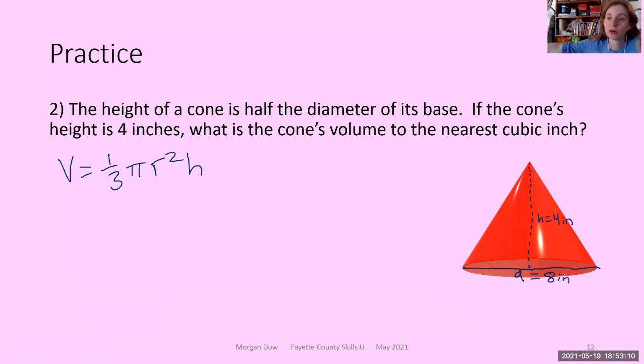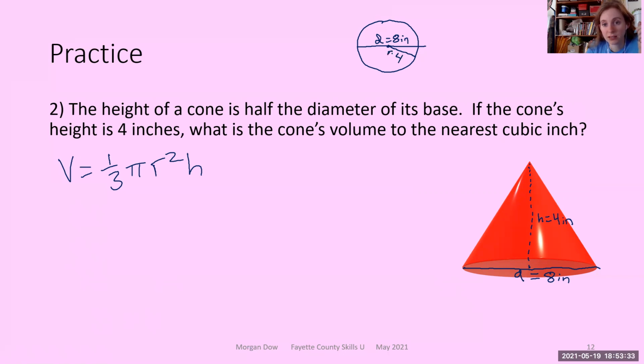So if the diameter of the base is 8 inches, what is the distance from the center to the edge? So basically halfway across the diameter. It's going to be 4.